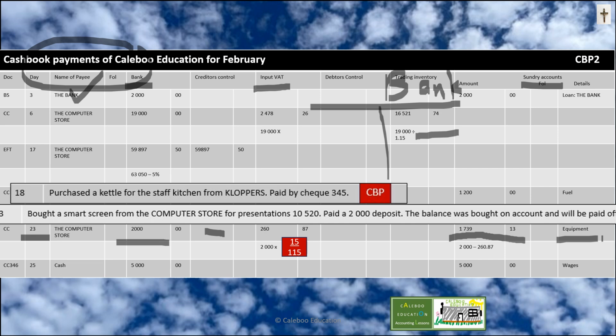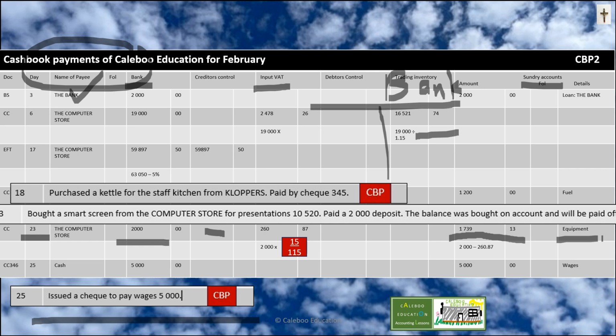Next transaction, nice and easy. Issued a check to pay wages, 5,000. There's the check, the date. Under name of payee, when you write out a check to a person who's paid on a weekly basis, it might be a cash check. So in this case here, on the check you write pay cash. So under name of payee we write cash.